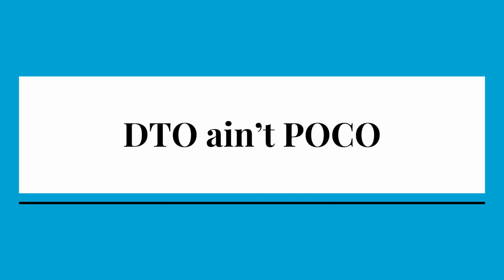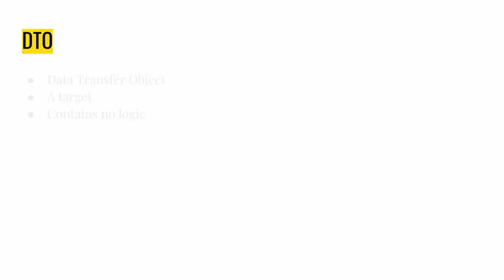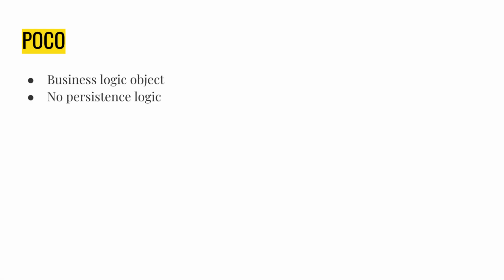Now let's talk about data transfer objects and POCOs. What are POCOs anyways? Data transfer objects, DTOs in other words, are basically just pure data. They shouldn't contain any logic and they shouldn't process themselves. They should be consumed by something from the outside. And the outside is POCO.